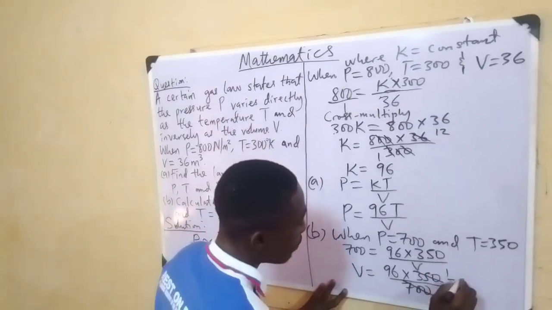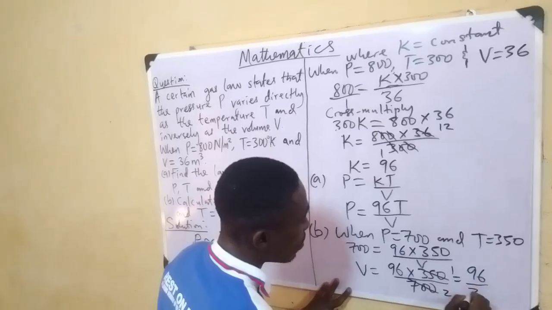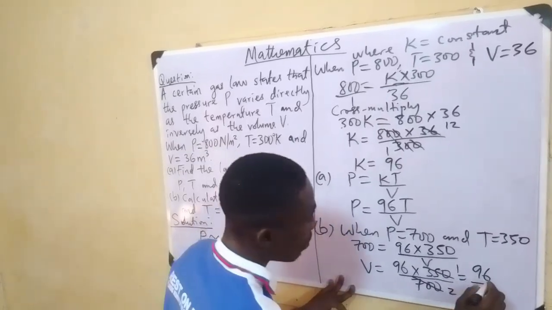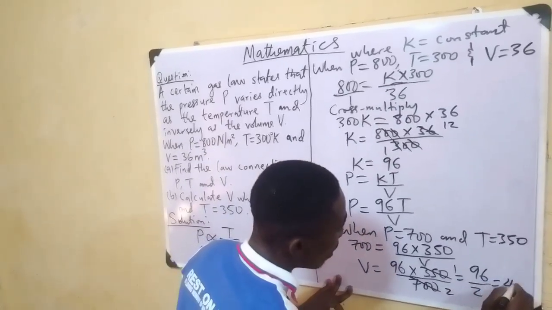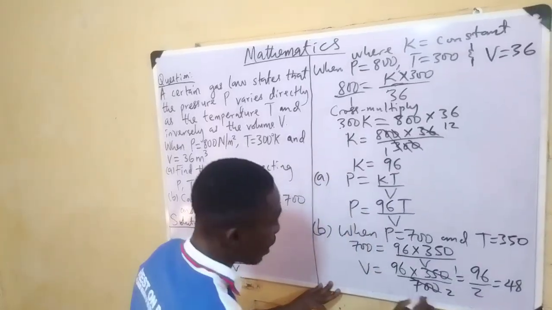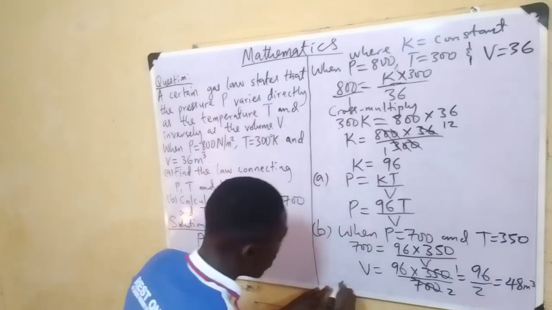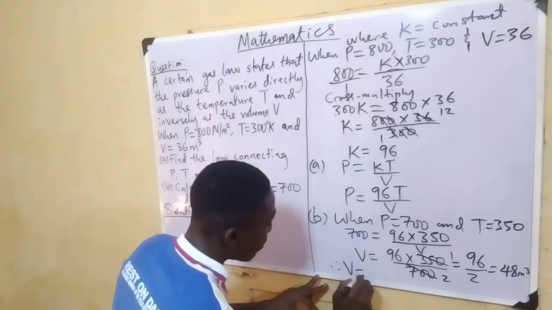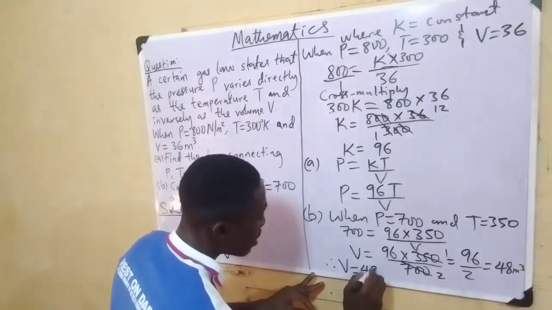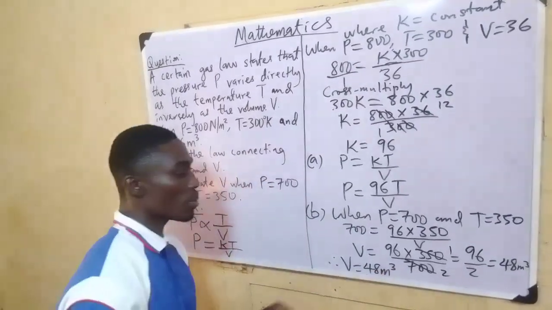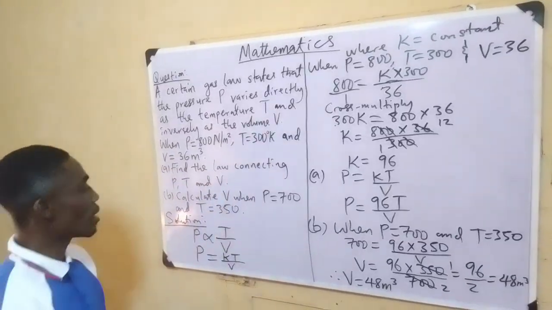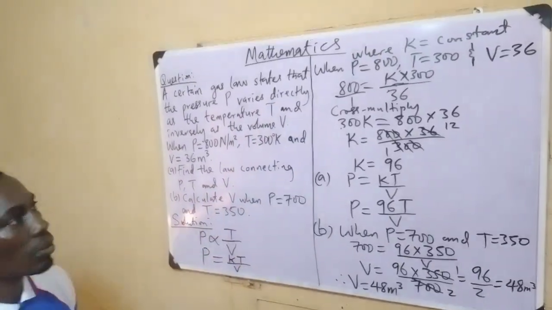So that means we'll have 96 divided by 2, which will give you 48. And that V is in meter cubed. So therefore the volume will be 48 meter cubed.